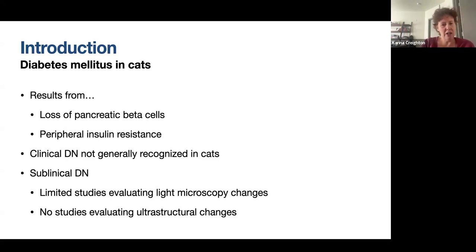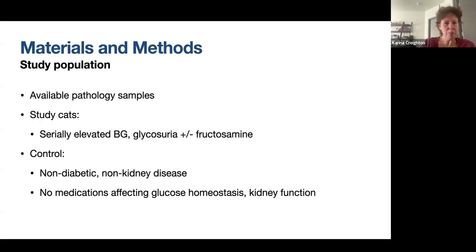Some studies have looked at a limited number of samples for light microscopy changes, but the authors, and I could not either, find any studies that evaluated ultrastructural changes. So the goal of this study was really to look at those ultrastructural changes.